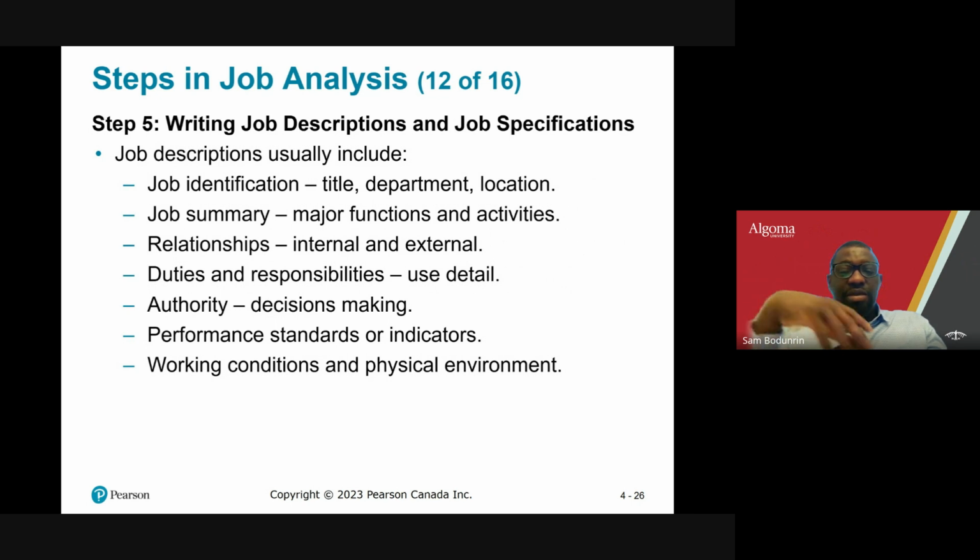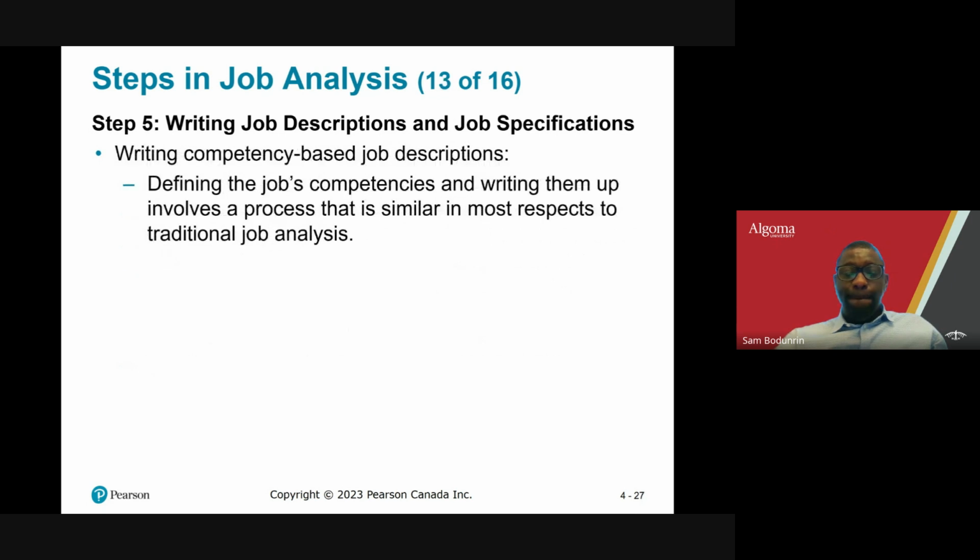So duties and responsibilities, authority, performance standards and key performance indicators, and working conditions and physical environment. All of this are part of what should be in job description and job specification.